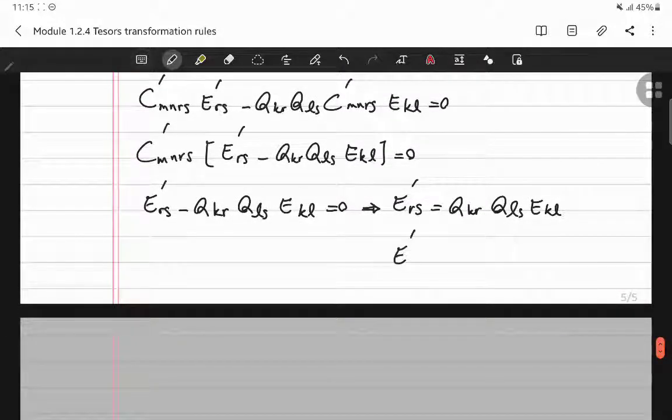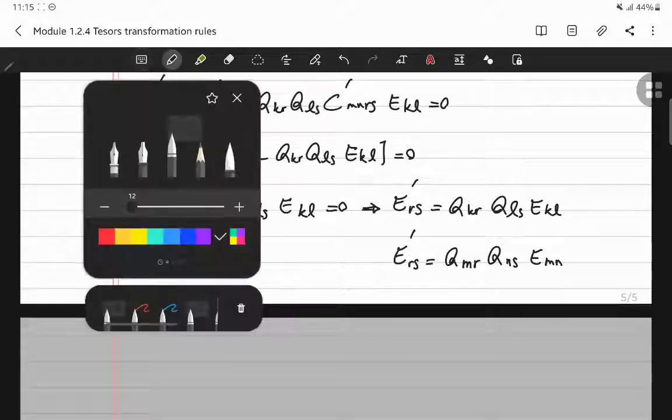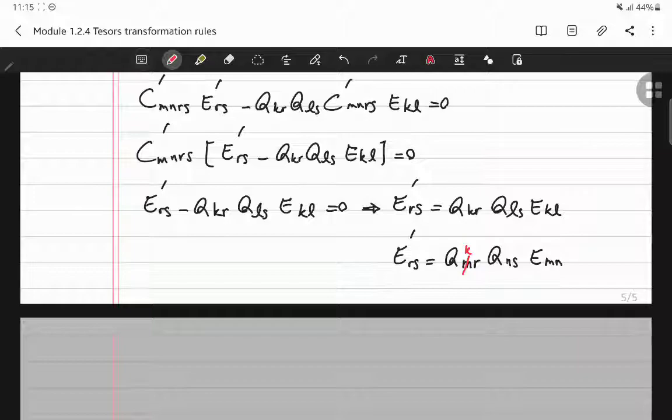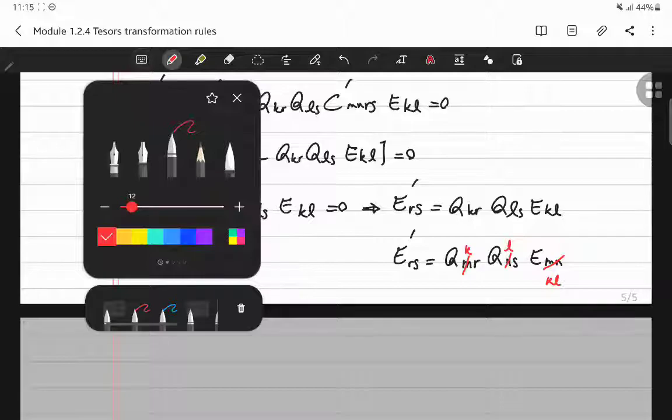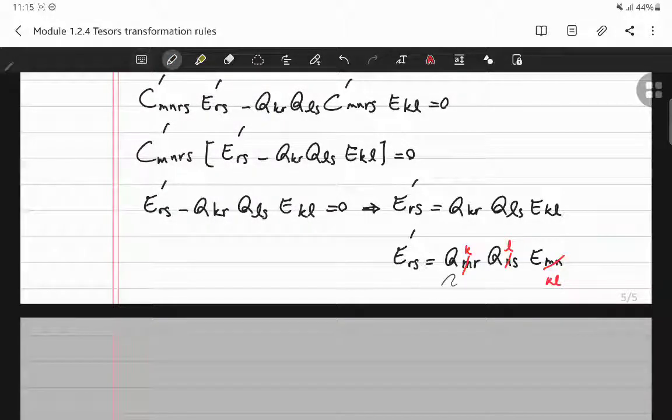And this is nothing but E prime rs is equal to, if you transform this, for example, say M, then you have Qmr, Qns, and this is Emn. And if we substitute M with K and N with L, this becomes Ekl. So it shows that this is a second order tensor transformation.